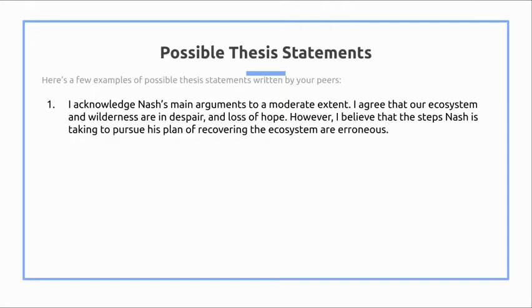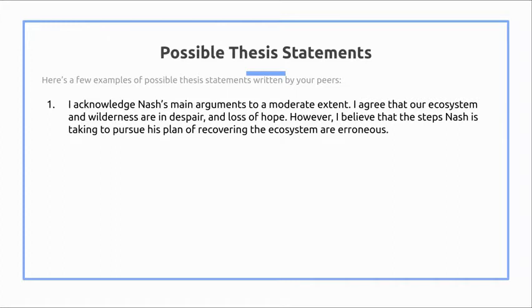I love the ideas here. The language, I think, is a little bit confusing, especially this transition. However, usually that indicates that you're going to give a counterpoint to what you said in the previous sentence. And here, the however doesn't work because this sentence is actually agreeing with the sentence before.